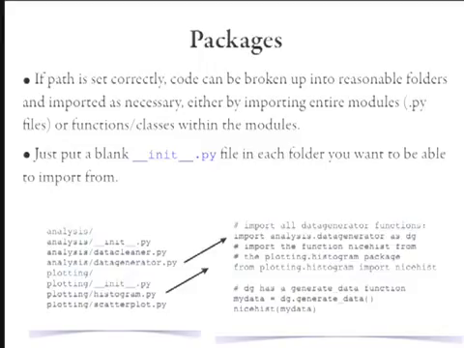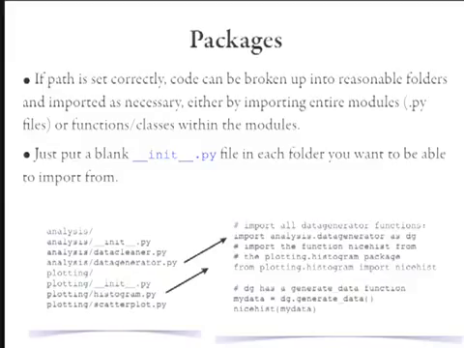So if we want to import all of the different functions from this file data generator, all we need to do is import analysis, which is the name of our package for analysis, .data generator, which is the name of this file, and then we can shorten it if we want as DG. And say there's a function nice hist within histogram.py, then we can just import that individual function if we want: from plotting.histogram import nice hist.